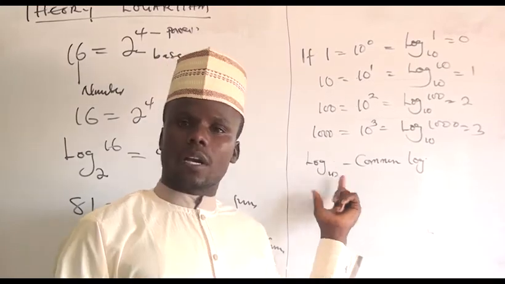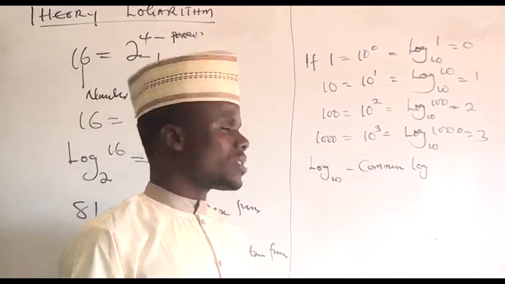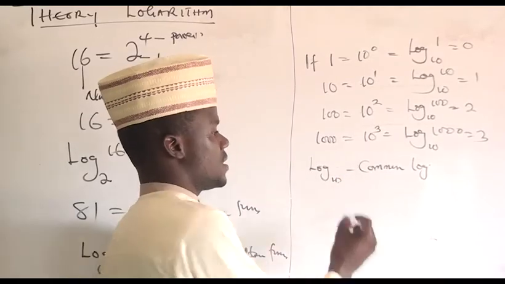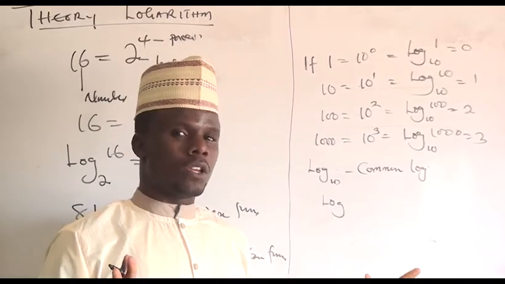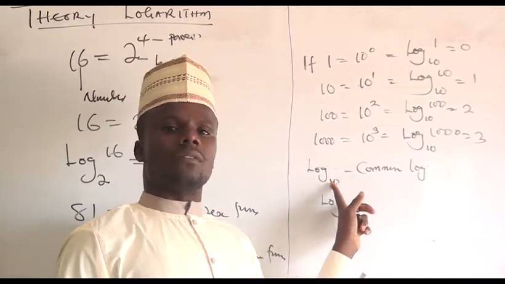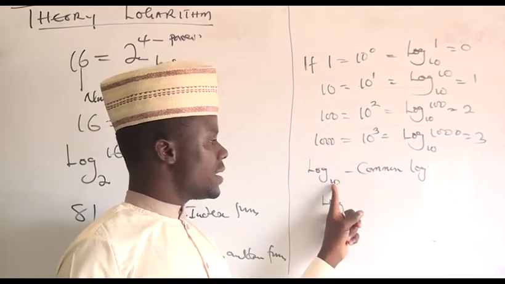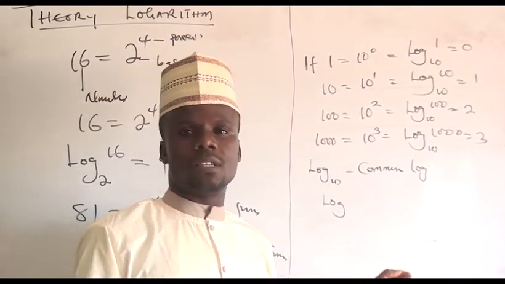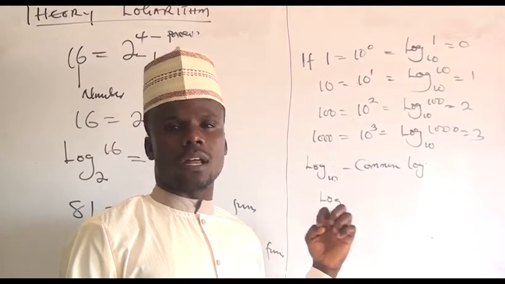It is only when a logarithm is in base 10 that we call it common logarithm. At times the base is omitted. That is, we can write log like this to mean base 10. So there is no need to write the base when it is base 10 because it is a common logarithm. And this is the relationship between indices and logarithm.